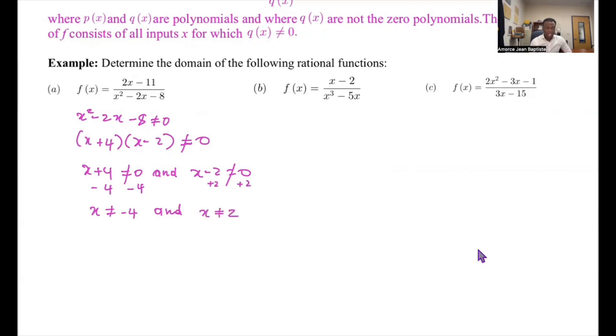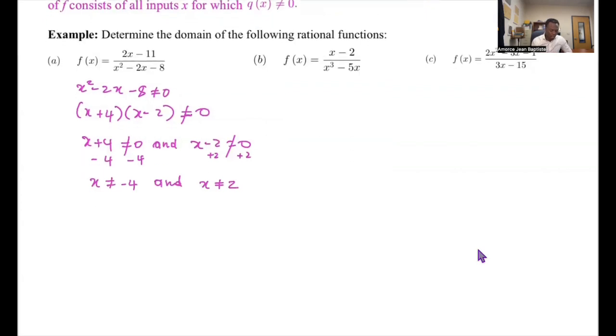So the condition here, in set builder notation, your domain will be all real numbers x such that x is not equal to negative 4 and 2.